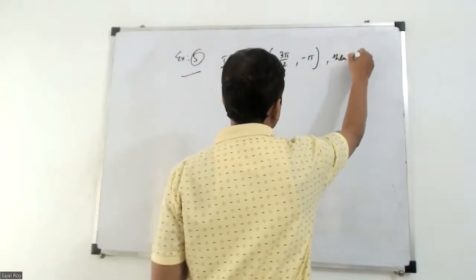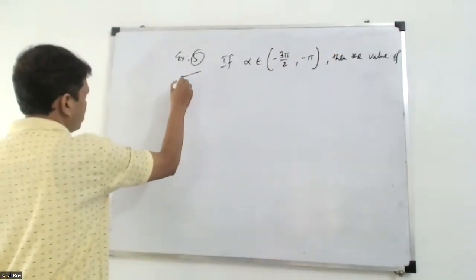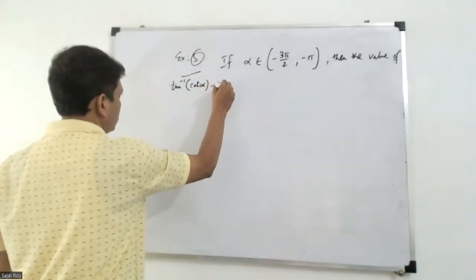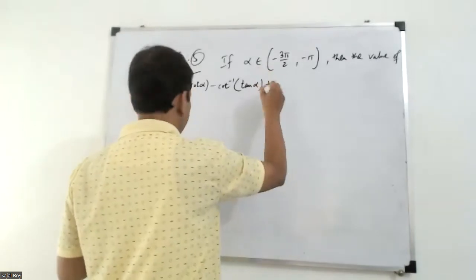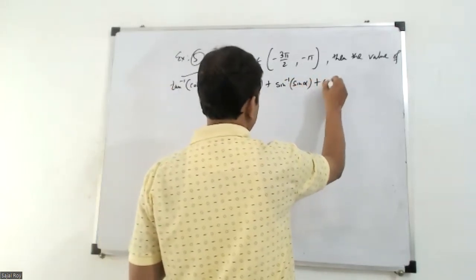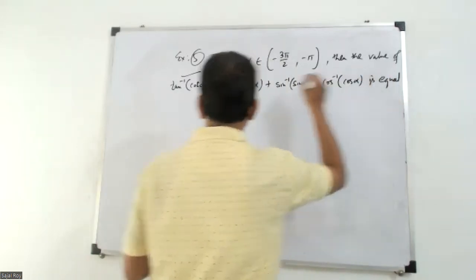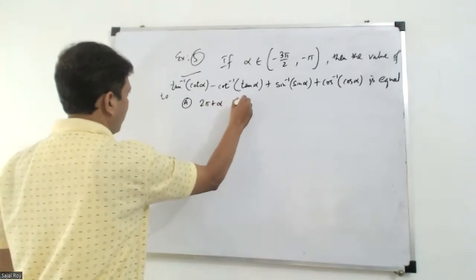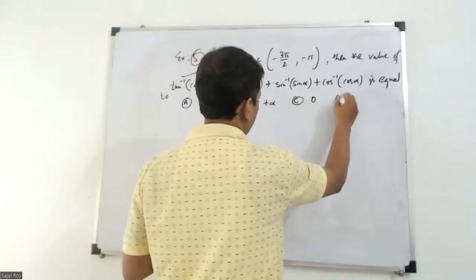Then the value of tan inverse cot alpha minus cot inverse tan alpha plus sin inverse sin alpha plus cos inverse cos alpha is equal to: 2 pi plus alpha, pi plus alpha, 0, pi minus alpha.